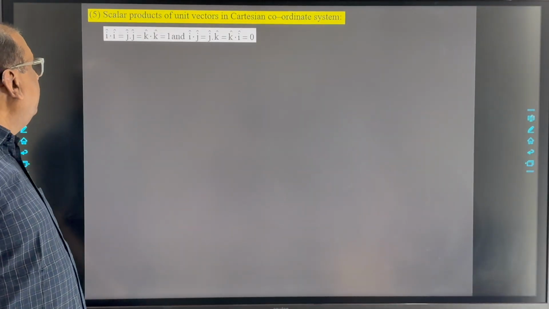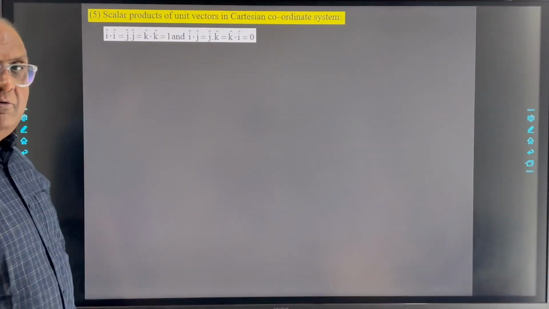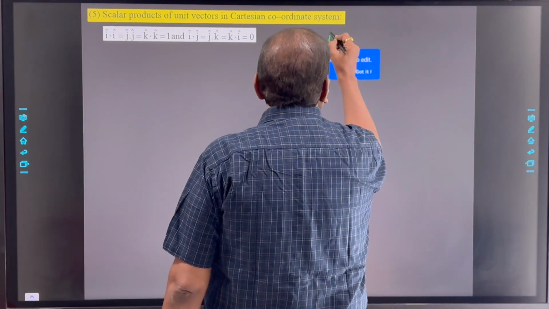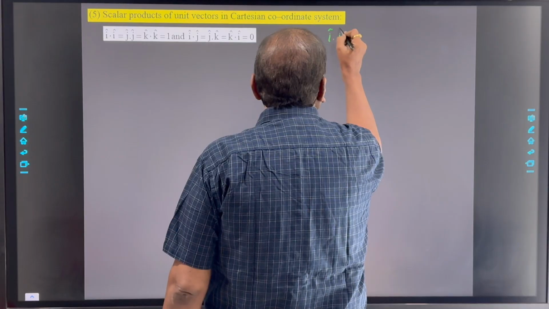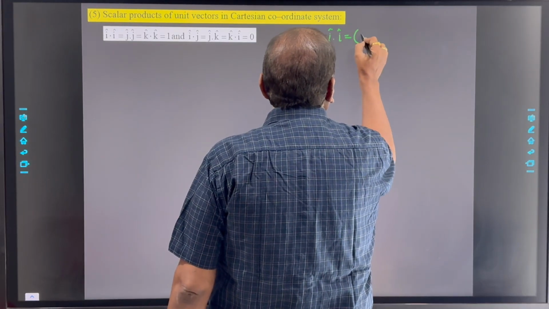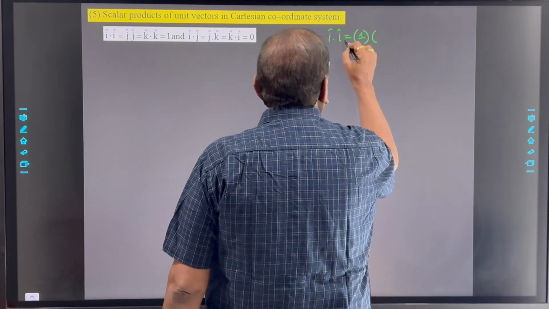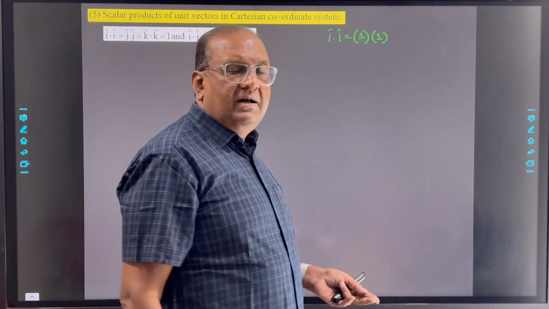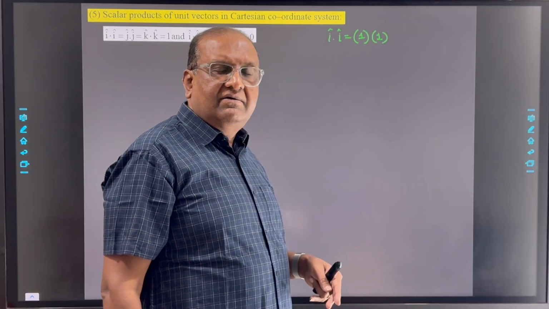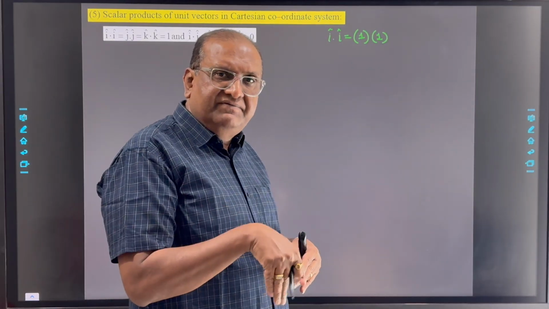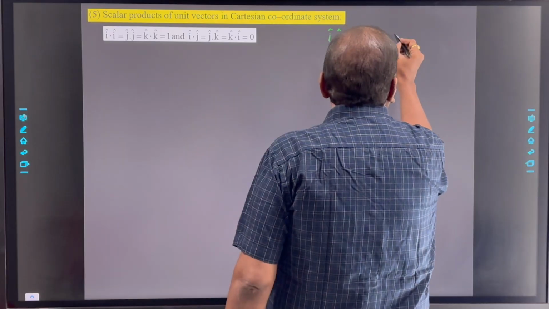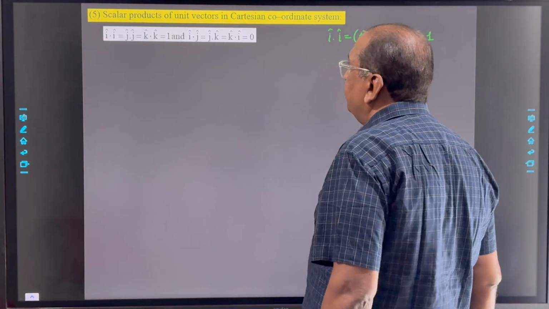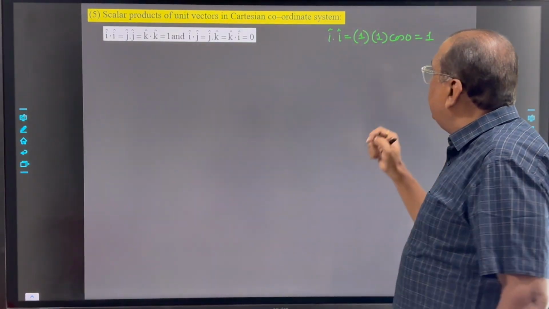Okay. Now let's first think about i dot i. Suppose we have i dot i. The magnitude of i caret is 1, magnitude of i caret is 1. Now the angle between a vector and the vector itself is 0. So we can write cos 0, that is equal to 1.